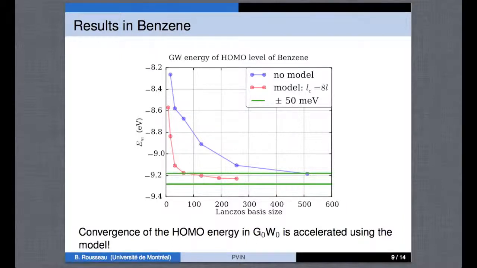In red, we use a model, and the size of the space treated with the model is about 8 times larger than the size of the space that includes the exact operator. And you can see that as a function of the size of the exact basis, our convergence is much faster when we use a model.